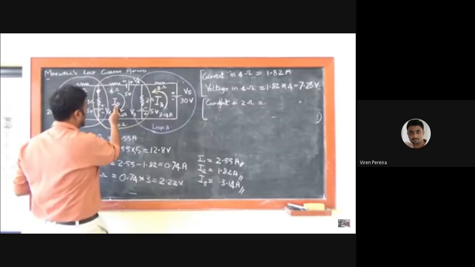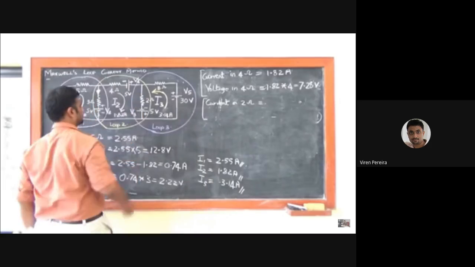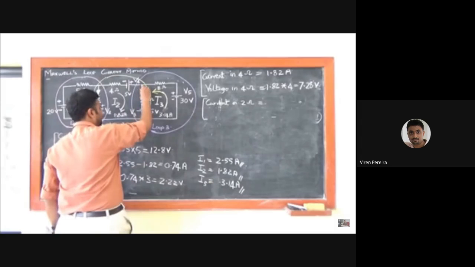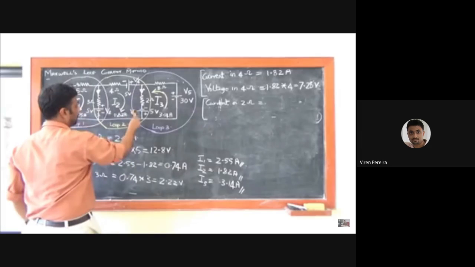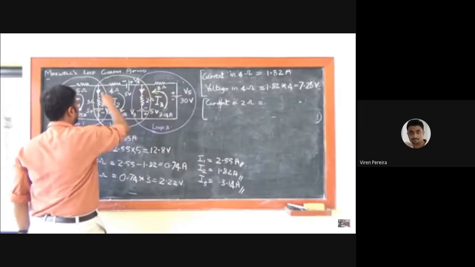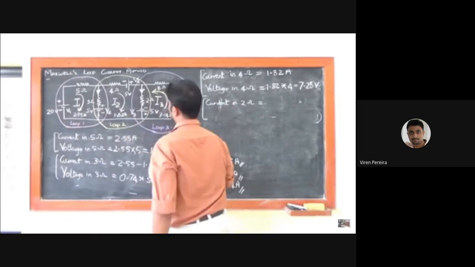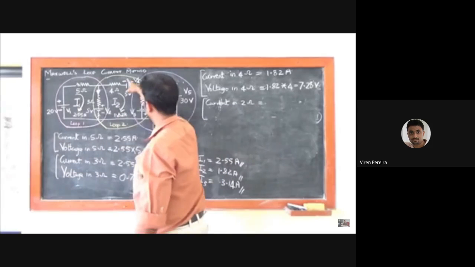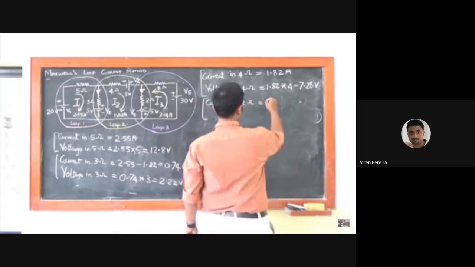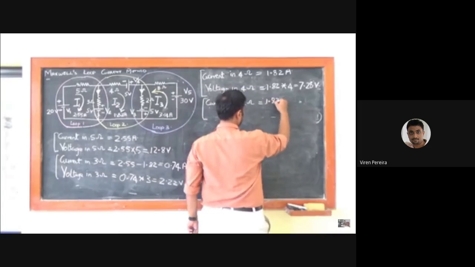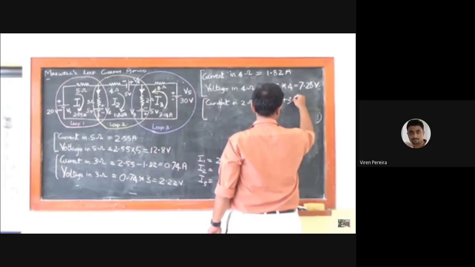So both the currents are flowing in this resistor. So the effective direction will obviously be from top to down. Again, I put down the direction. The current in the 2 ohms resistor will be a combination of 1.82 plus 3.14.